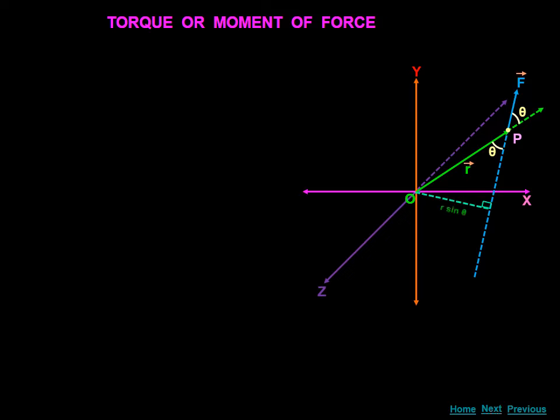Now we can draw a perpendicular from origin point O on F vector, and this perpendicular distance between F vector and point O is r sin theta, and this arrow represents the direction of torque, tau vector, and this tau vector is perpendicular to both F vector and r vector.